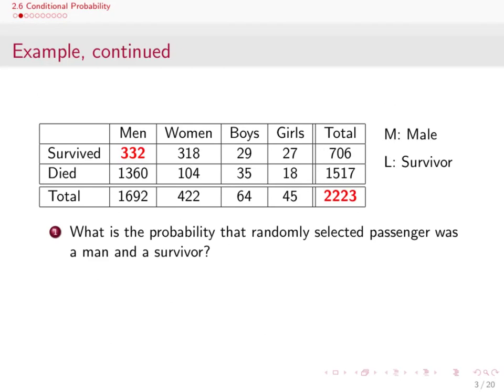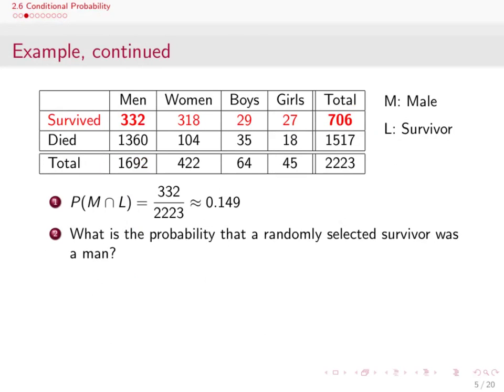In order to do this, what we have to recognize is that the probability we seek is the probability of M intersect L, because remember that corresponds to outcomes shared in common between event M and event L. So to do this, what we'll do is look for the intersection of the column for men with the row for survivors, and we see that there are 332 men who survived out of the 2,223 total passengers. This gives us a probability of 332 over 2,223, which is approximately 15%.